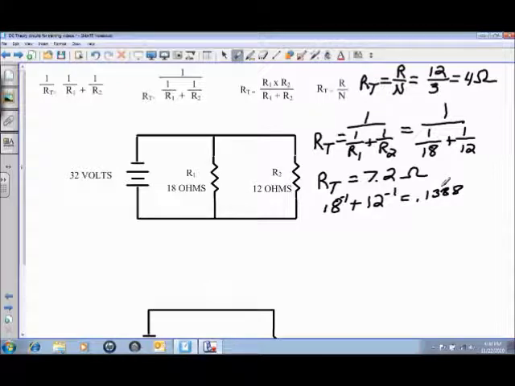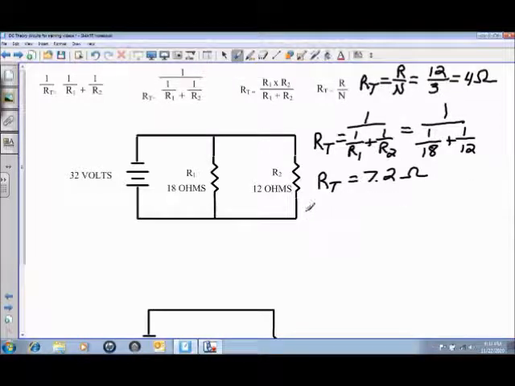It'll say ANS, which is the answer, or the reciprocal of the answer, which is that 0.1388888889, and then you hit equals one more time, and it should be 7.2 ohms. So you could add in two or three more resistors all using that same reciprocal button and just keep adding them on and keep going, and you'll still end up with the appropriate answer.